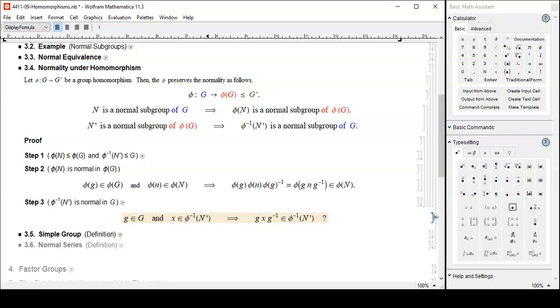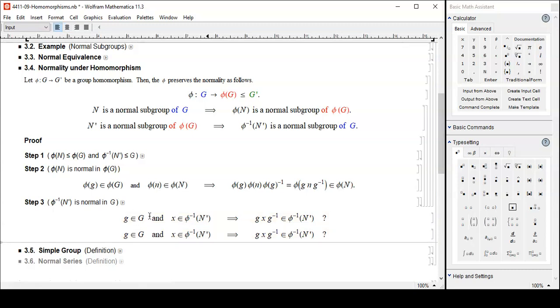Okay, all right. I have no problem about g as an arbitrary element of capital G. But this one I'd like to simplify. So x belongs to preimage. What do you mean by that? That means phi of x belongs to this N prime.